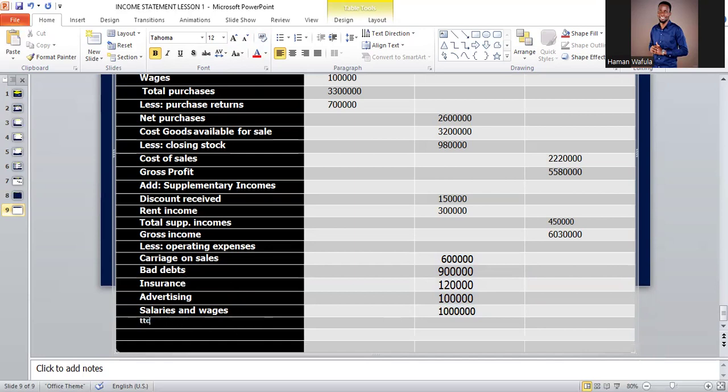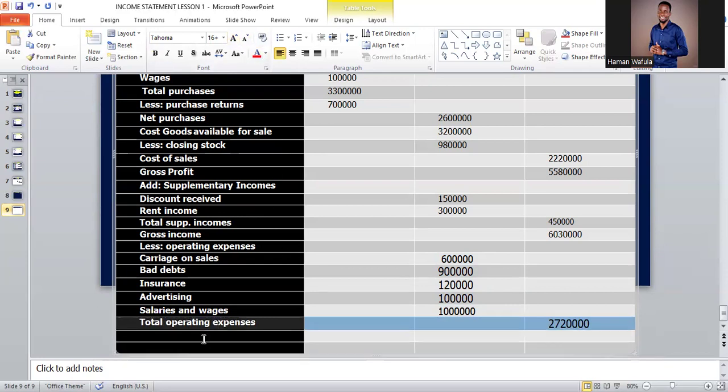So we have our total operating expenses, and let me give you a total here. 2,720,000. So our total operating expenses is 2,720,000.